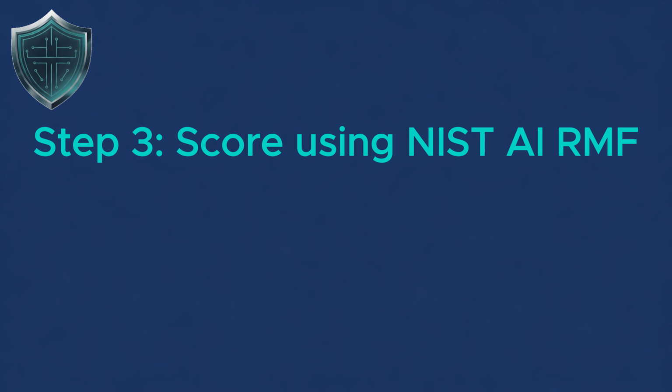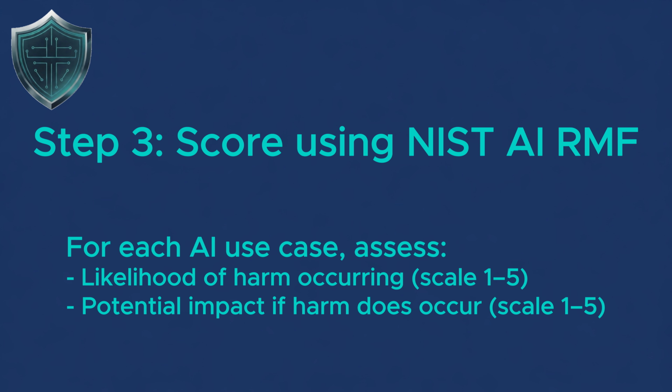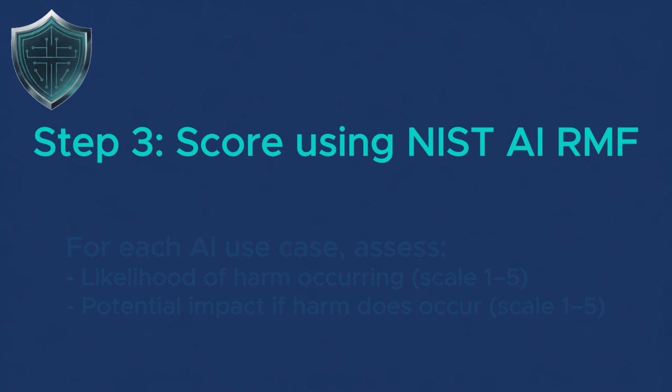Step 3. Score the risks using NIST AI RMF principles. Now we get quantitative. For each AI use case, assess likelihood of harm occurring, scale 1 to 5. Potential impact if harm does occur, scale 1 to 5.